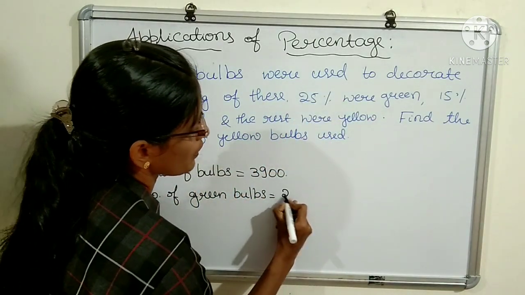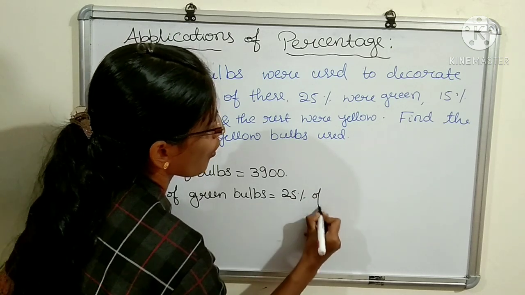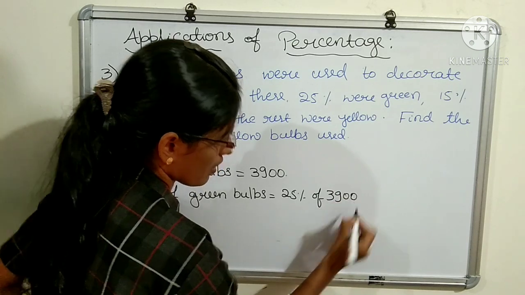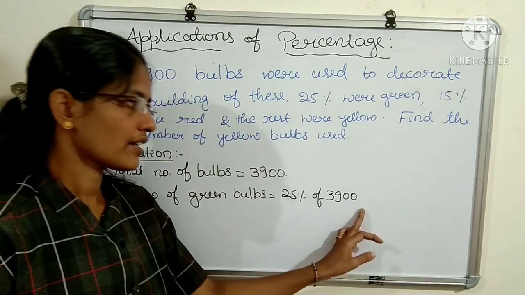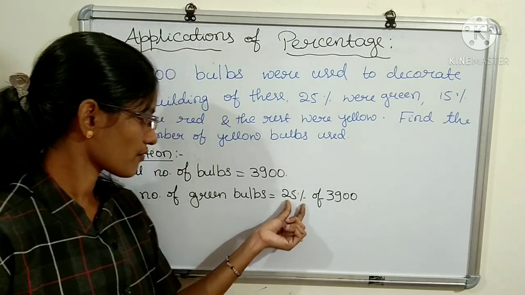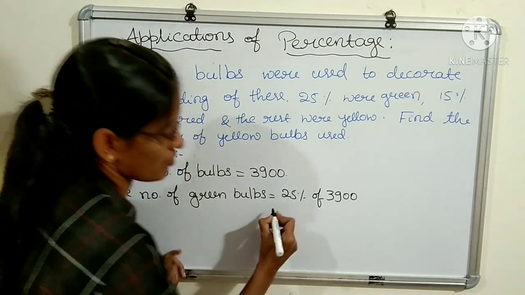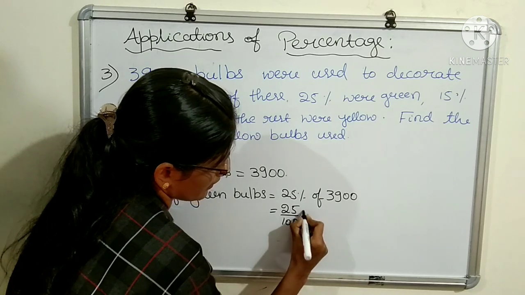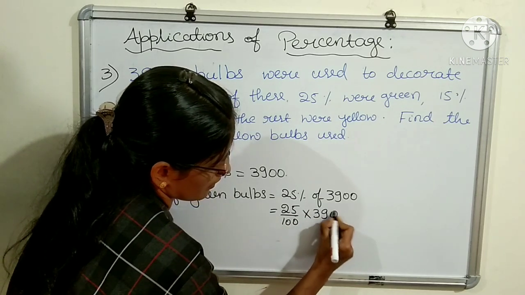How? This 25% of total number of bulbs how much? 3,900. Out of this 3,900, 25% were green bulbs. So, how to convert? 25 by 100 into 3,900.